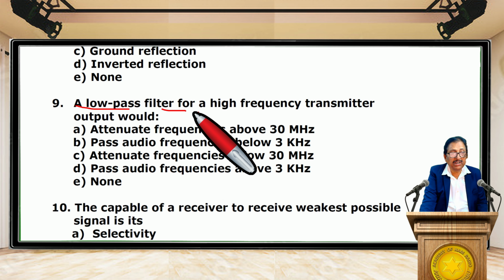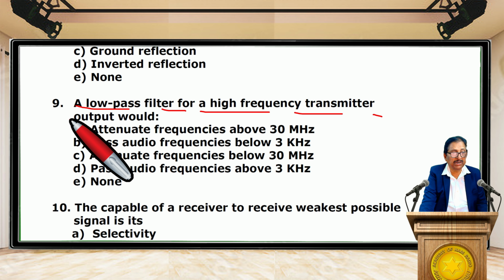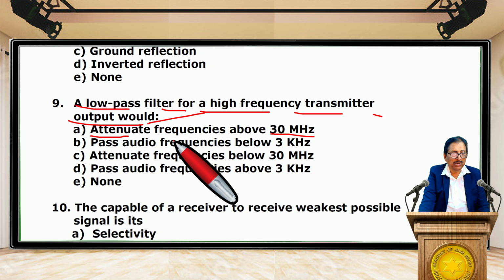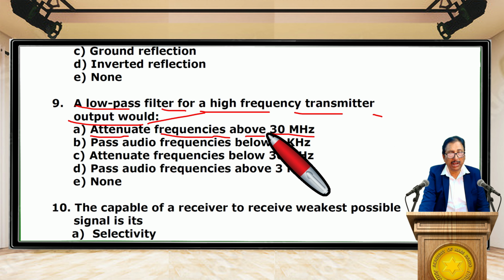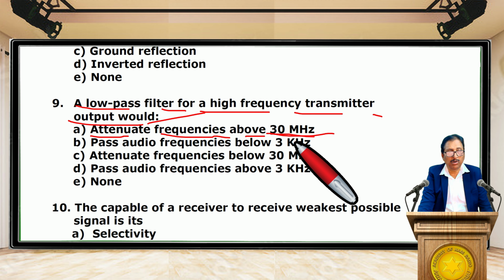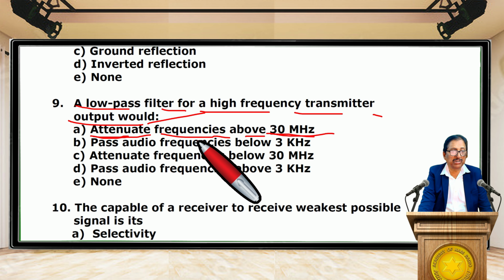A low pass filter for a high frequency transmitter output would, this is a low pass, which means it will allow all the frequencies below 30 megahertz. That means it will attenuate frequencies above 30 megahertz. Frequencies above 30 megahertz will not be allowed; they will be attenuated.